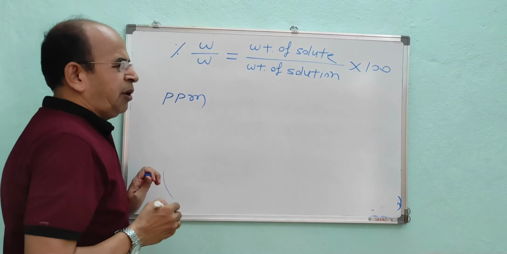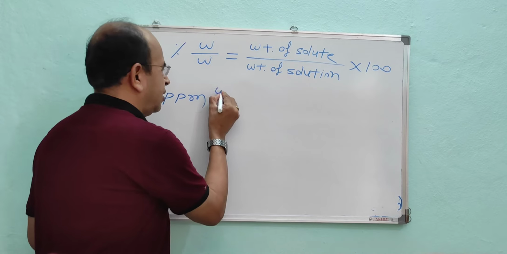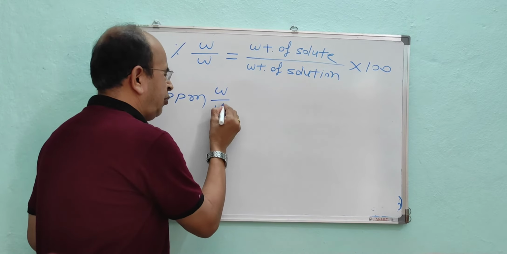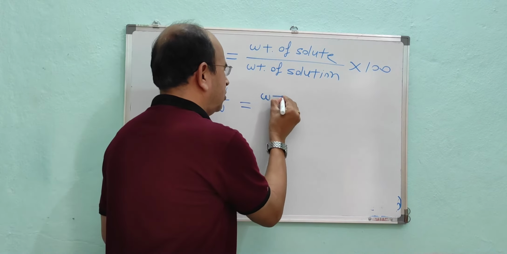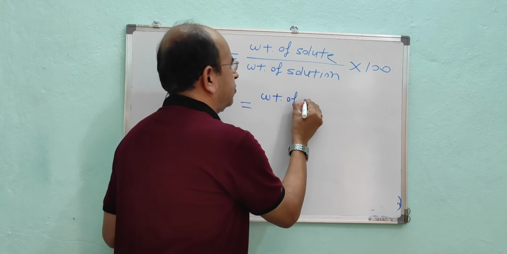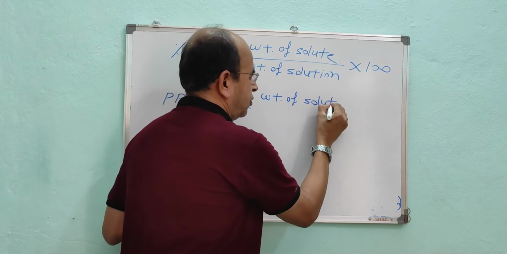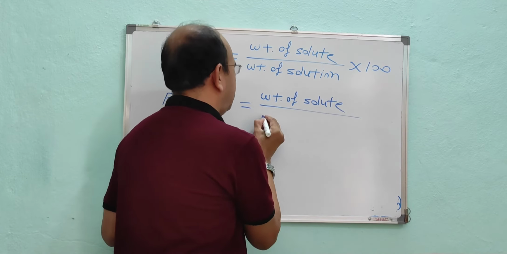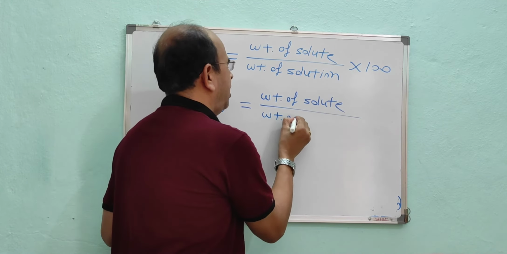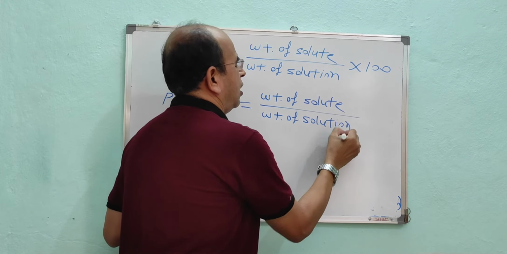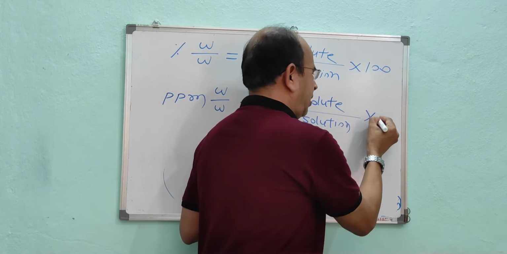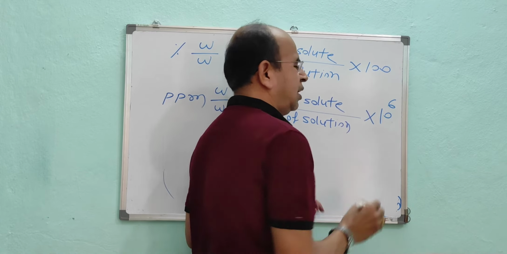If you want to calculate ppm weight by weight, that is equal to weight of solute divided by weight of solution, and here it is multiplied by 10 to the power 6.